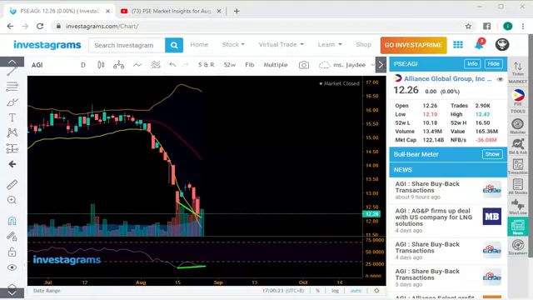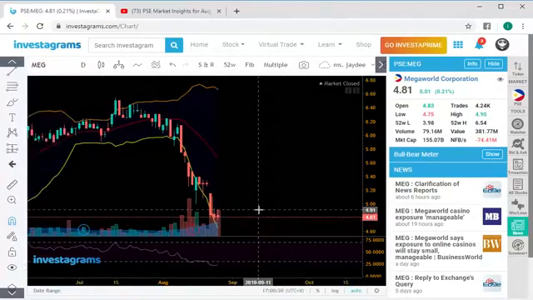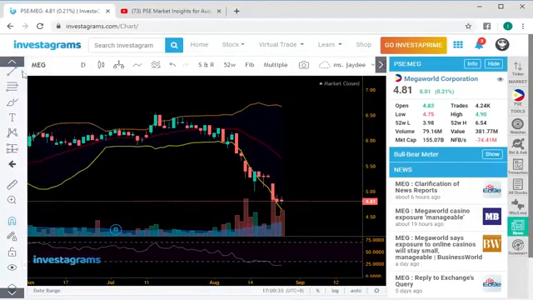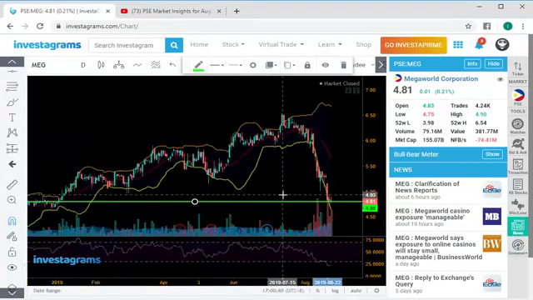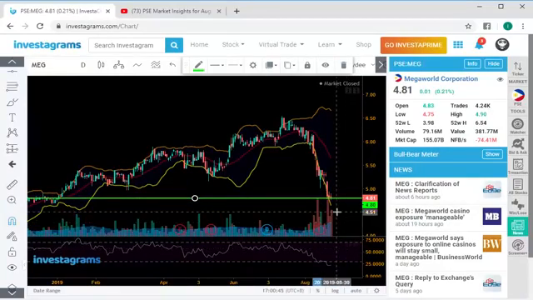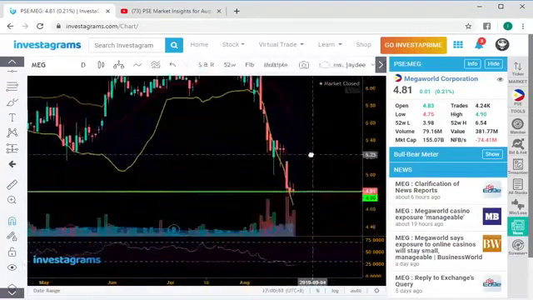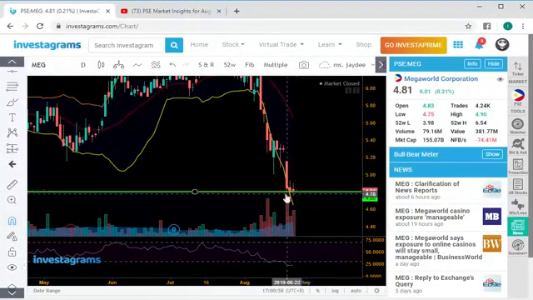The next one is Meg. For Meg, what do we have here? Meg is creating a support in the area where it is right now. So if you are interested in this stock, maybe what we can do is wait for a green candlestick to appear, hopefully tomorrow.